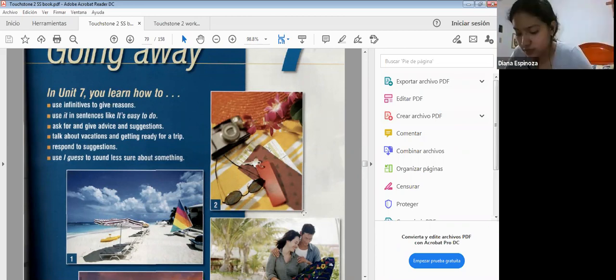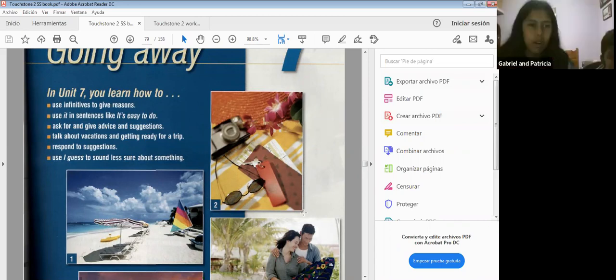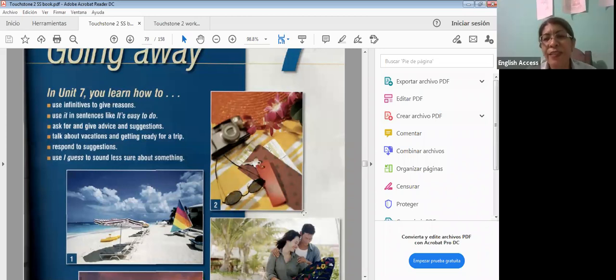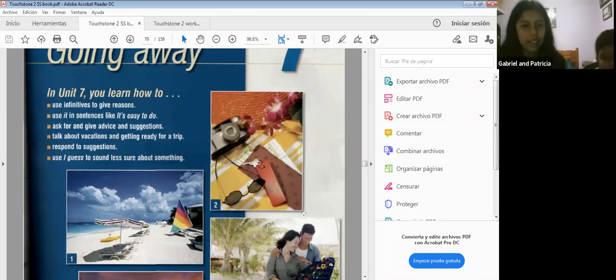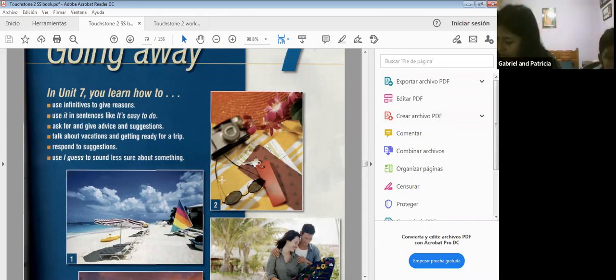Talk about vacations and getting ready for a trip. Respond to suggestions. Use gates to show you're sure about something. Yes.